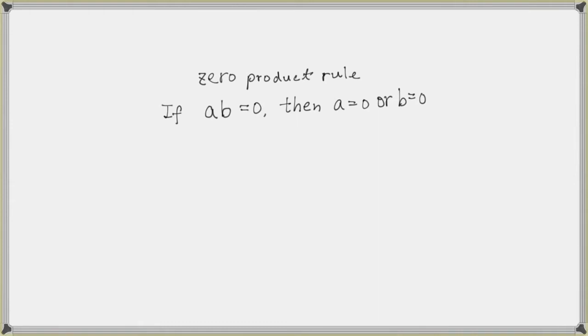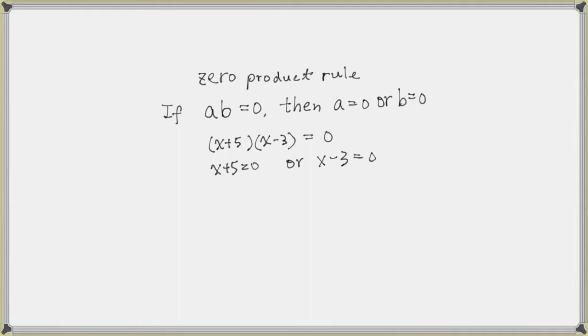So if we have two factors multiplied together to be 0, like if I have x plus 5 times x minus 3 equal to 0, we will have either x plus 5 is 0 or x minus 3 is 0. This is called the zero product rule.